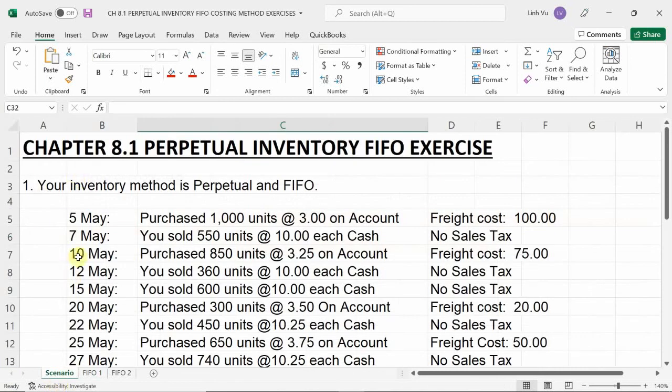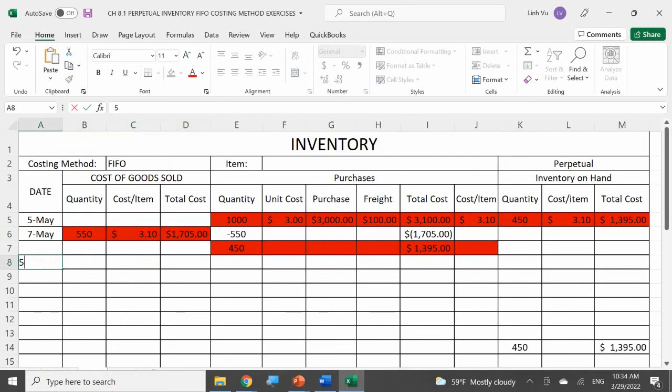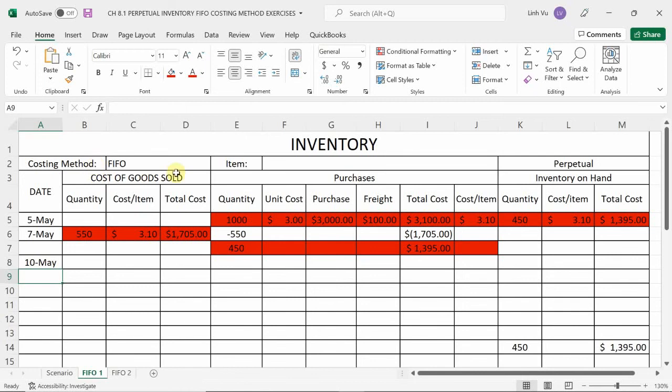So here next on May 10, I end up purchasing 850 units at $3.25 each with a freight of 75. So that means this is what I'm going to do. It is May 10. I'm looking for the next blank line here. We didn't sell, so therefore I can skip over this one. But we end up making a purchase of 850 units at $3.25 each with a freight of 75. So now I need to solve for my purchase price.